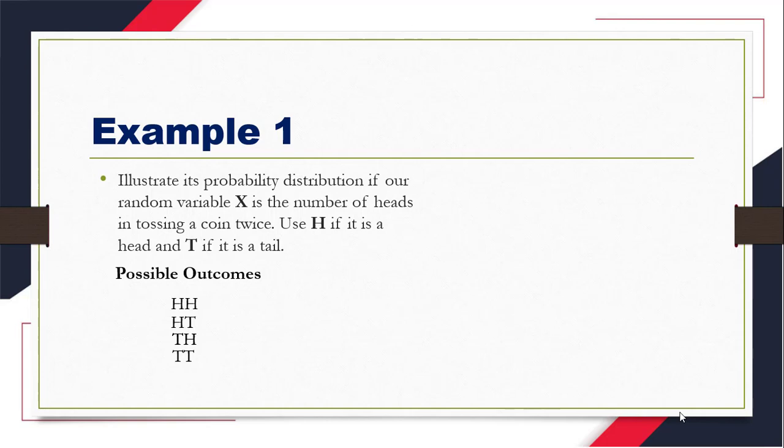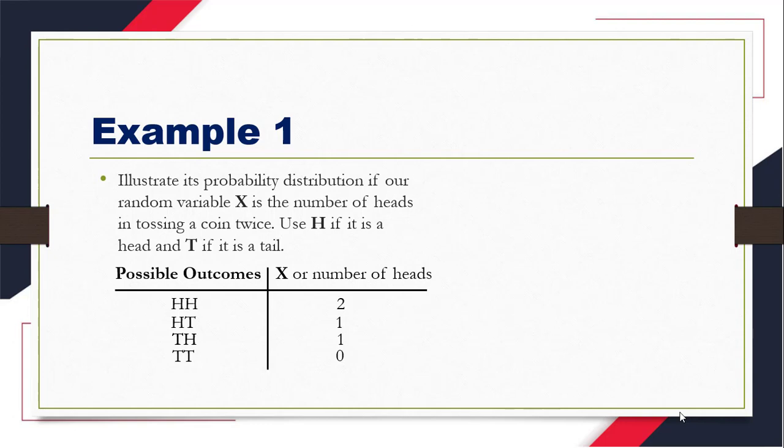Now, the values of our random variable X, which is the number of heads, are: for HH, 2; HT, 1; TH, 1; and TT, 0.